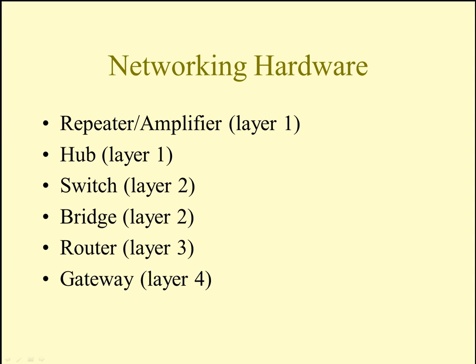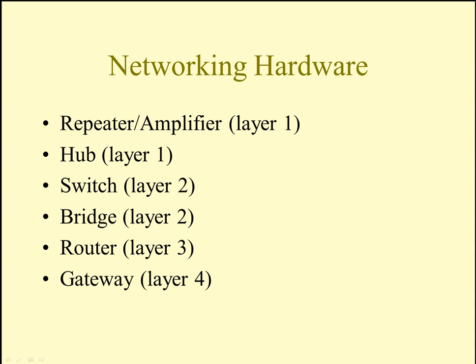A hub would have forwarded it along all of the different lines. Since it's a shared bus, there was no real forwarding involved, that the same frame would have appeared along all of the different output lines. A hub also has the repeater and amplifier built into it because there is outside power coming into it.